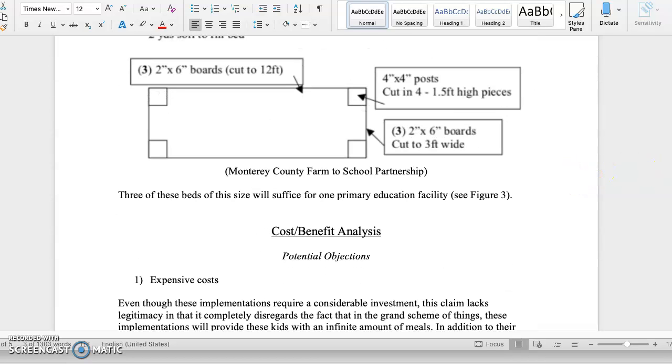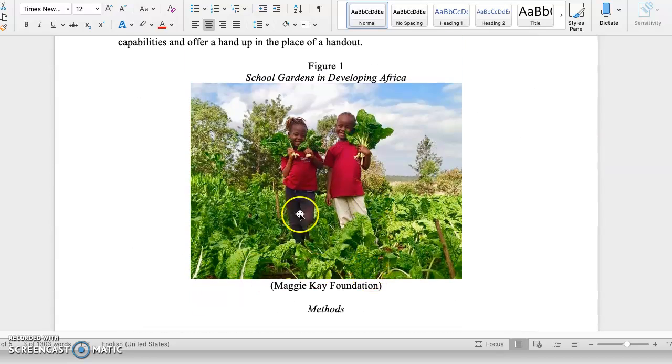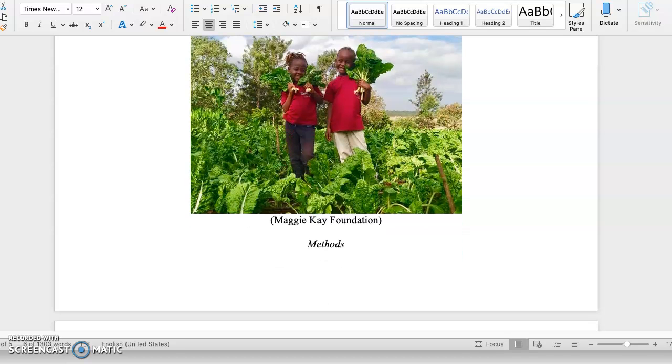And then she's also included figures. These she drew herself. Actually, these she got from the Monterey County Farm to School Partnership. And this is from the Maggie K Foundation. So she's also done research on graphics that would fit her proposal. But other than that, she's basically used her A2 research to translate to A3. And you should look at this student sample as a reminder for how to do so.